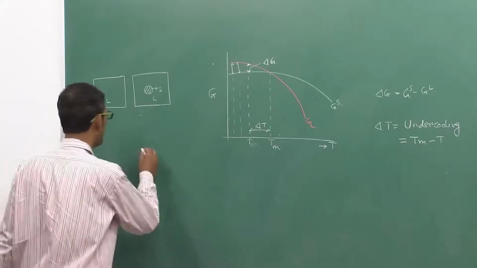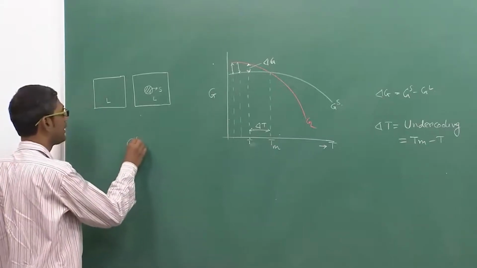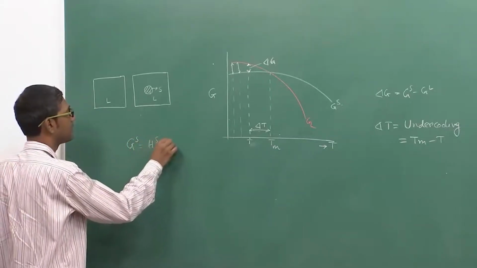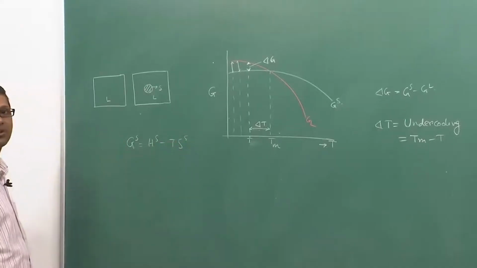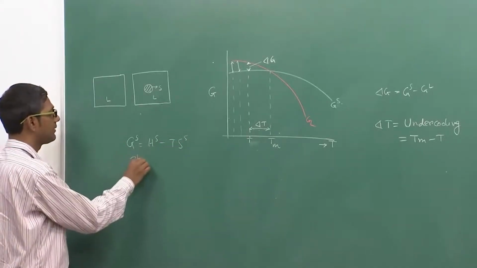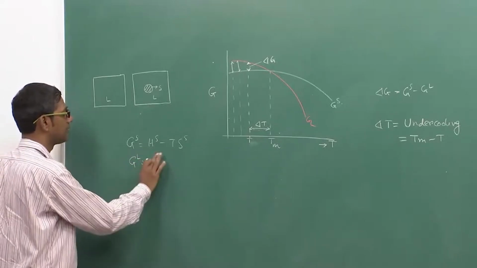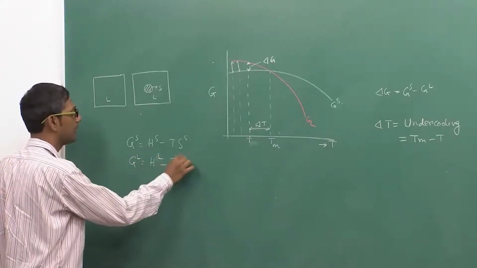Well, as you know, G S is given by this equation we have already discussed a lot, where S superscript stands for the solid, and GL is the liquid free energy, where L stands for the liquid.